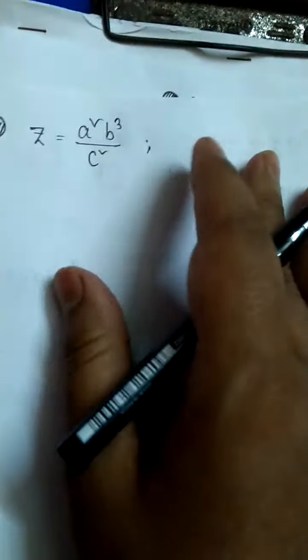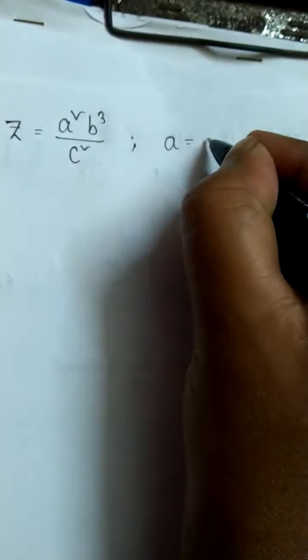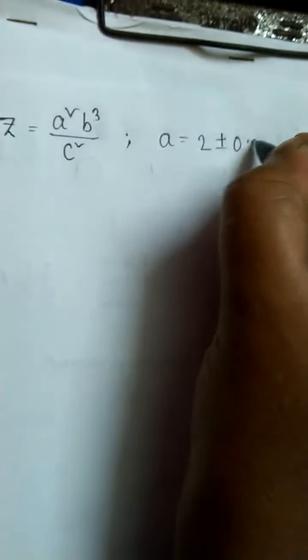Okay, and a few values are also given. What are these values? These values are like this: a equal to 2 plus minus 0.1. Look at this again.